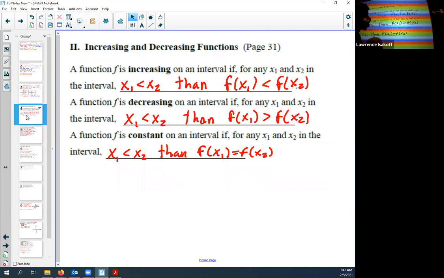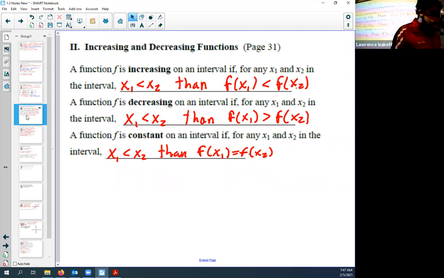Okay. Here, this is very formal. I'm also going to break it down into less formal mathematical terms. So a function is increasing if for any interval x1 and x2, this needs to be happening: if x1 is less than x2, then f of x1 also has to be less than f of x2.